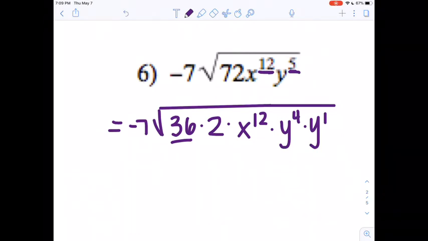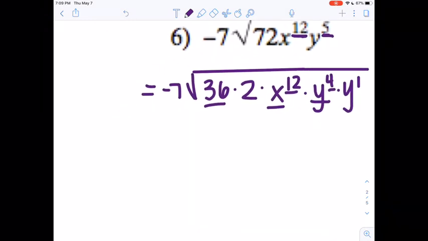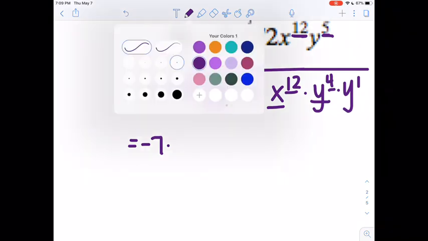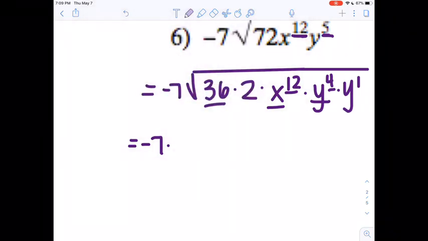Okay, so I'm going to underline all the perfect squares. That's because these are even, and now I have to multiply whatever is going to come out of my square root by that -7. So I have to take the square root of 36, that's 6. X to the 12th, remember you divide your exponent by 2, so that becomes x to the 6th.